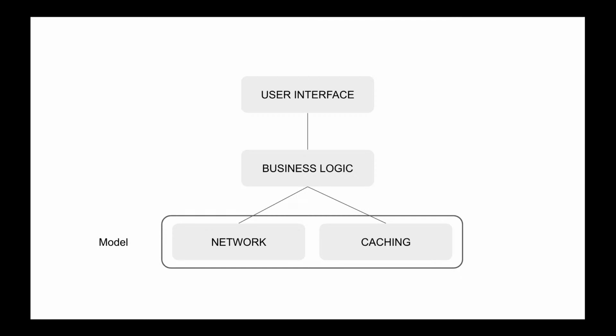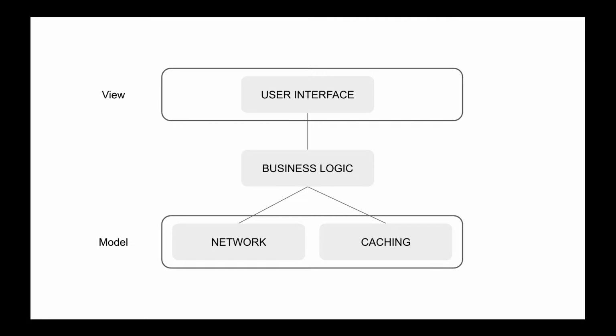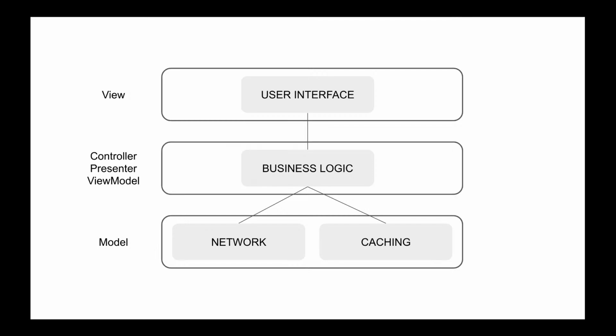All your user interface, activities, fragments, custom views, comes under view. And your business logic layer is what people call either controller, presenter, or view model. The name of this layer depends on what architecture you choose to implement.